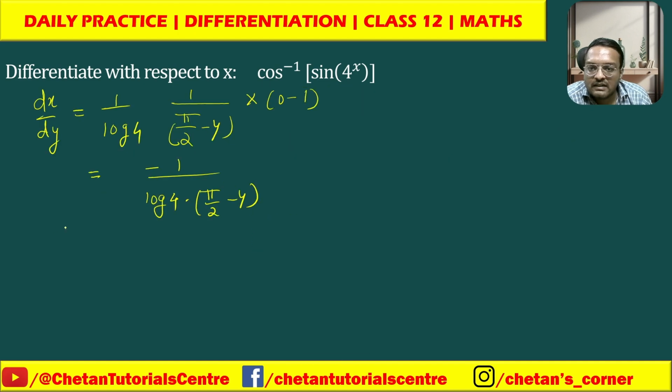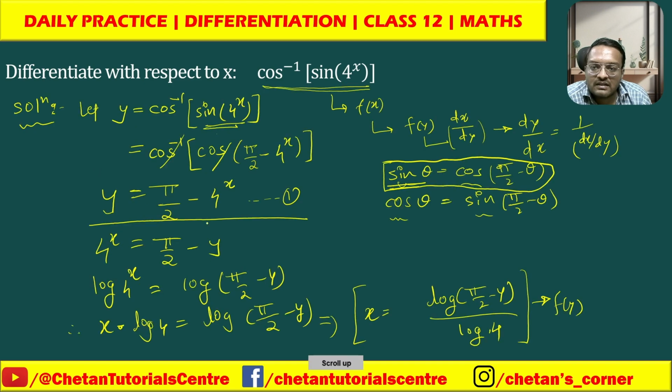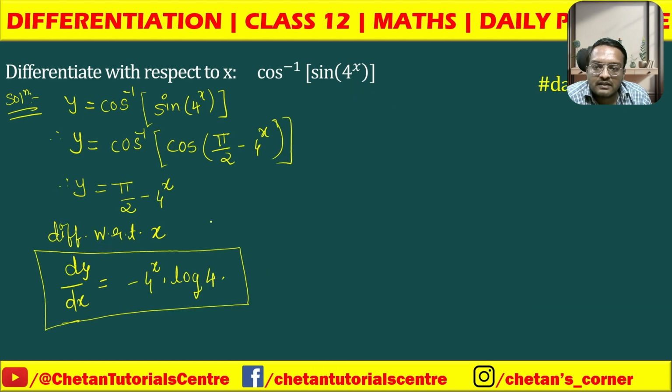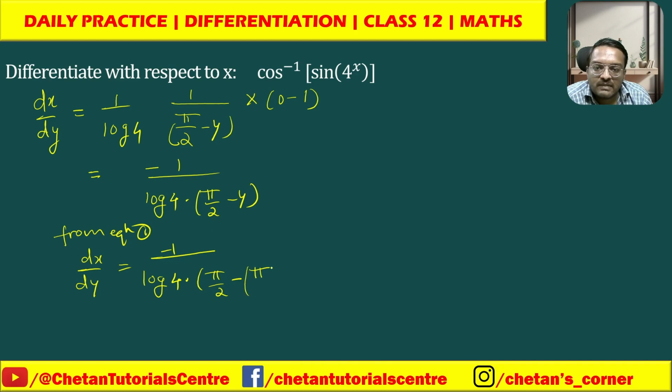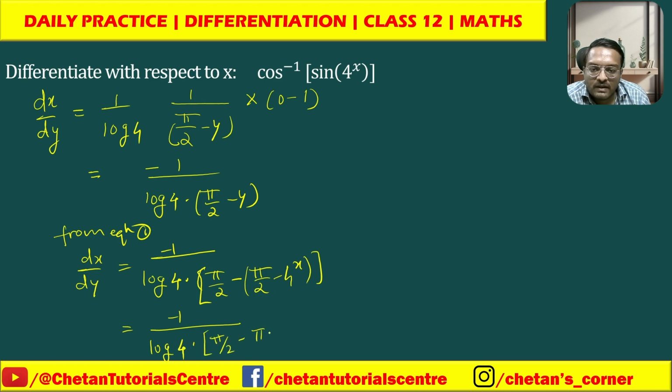So what I will get? From equation 1, dx by dy will be equal to 1 upon minus 1 upon log of 4 into pi by 2 minus 4 raised to x, minus of minus pi by 2 minus 4 raised to x, that is equal to minus 1 upon log of 4 into pi by 2 minus pi by 2.